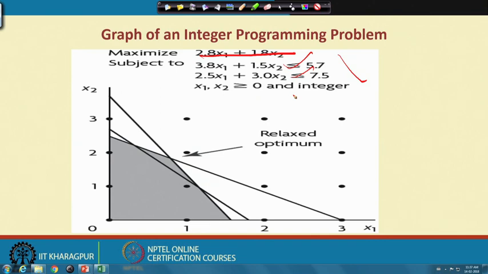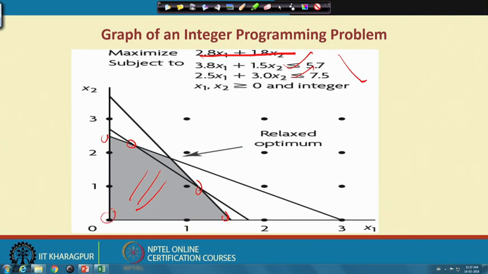So we have the constraints, and then we are applying the constraints, then we look for the optimal solution. Since it is a less than type, obviously the feasible zone will be on this side, and these are the corner points through which the optimal solution will be lying.